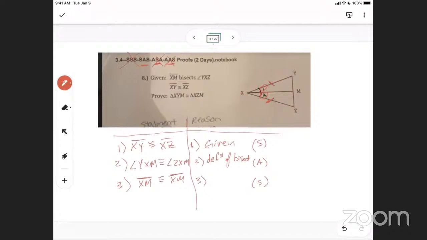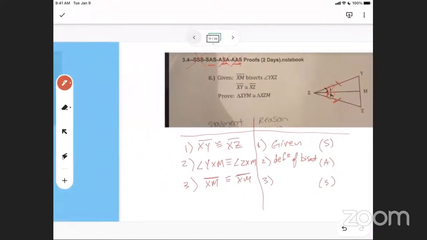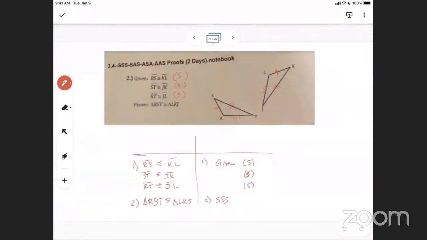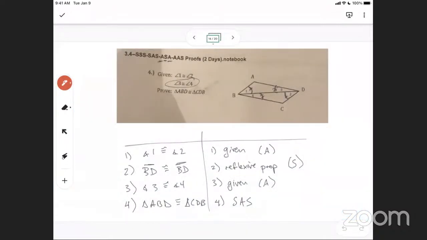Look at the first one that I did. How did I know that BD was equal to BD?